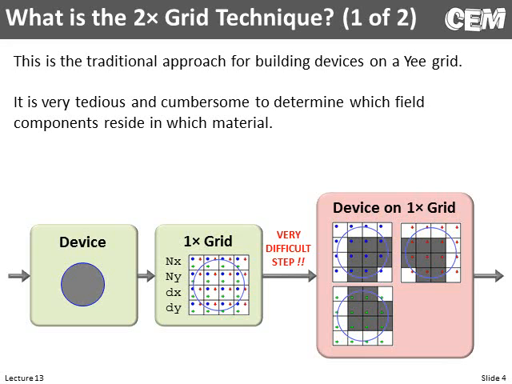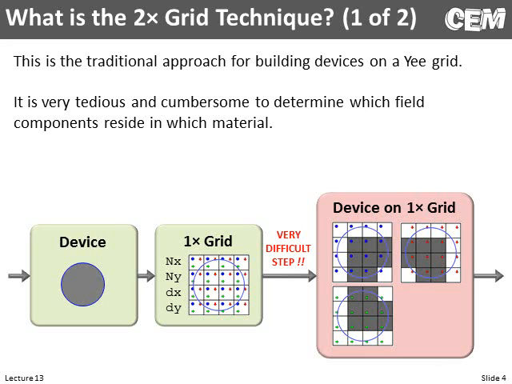When there's a curved boundary that ends up slicing through the middle of a Yee cell, that places some components outside the material and some inside. So at the boundaries they can differ a little bit, and somehow we have to figure out a way to coordinate all this in a way that's easy and manageable. Doing it the conventional way, that's not easy, and that's pretty difficult.